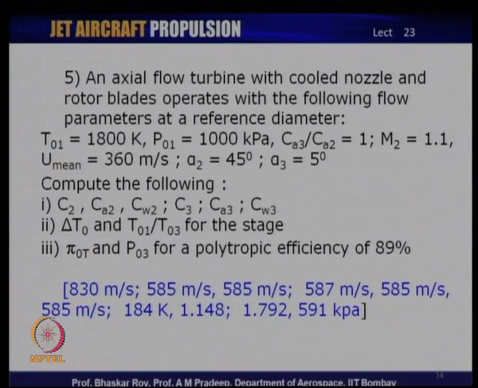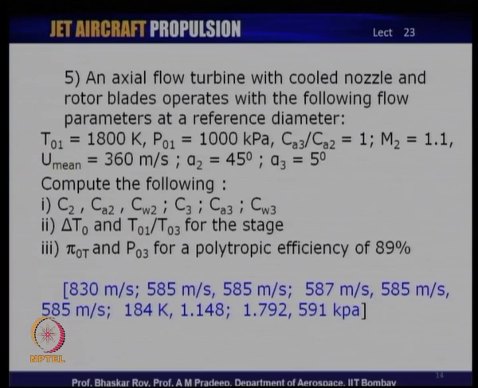You are required to compute the following: C2 at the exit of the stator nozzle, CA2 the axial velocity between the stator and the rotor, CW2 the absolute tangential component of the velocity at station 2, C3 the absolute velocity at the exit of the rotor, CA3 the axial velocity, and CW3 the tangential velocity at the exit of the rotor. So, all these velocities, that is, you are required to complete the velocity triangle that we have seen before.